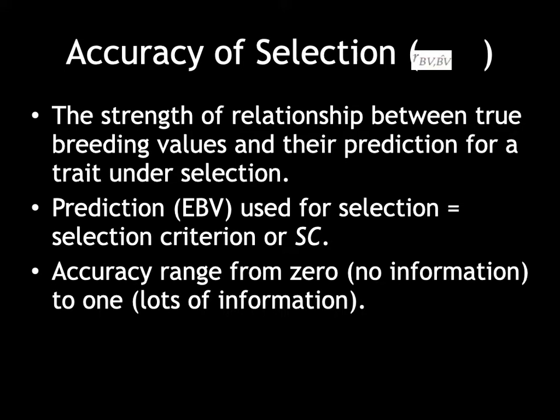So accuracy could range from zero, where zero refers to no information available at all for that particular individual, to one, where one refers to lots of information, many data available to be used, that we know from that individual.